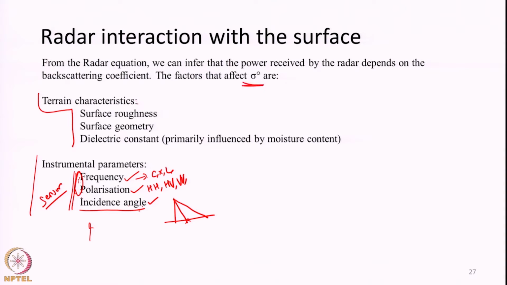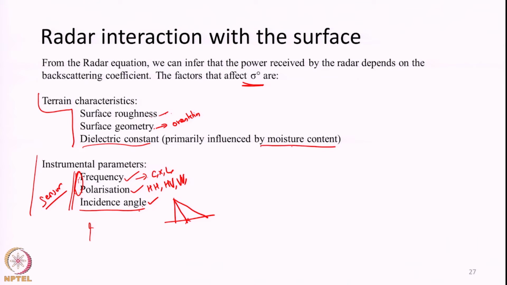Some of the important terrain characteristics that influence microwave backscattering are the surface roughness, that is how rough or how smooth the surface is, surface geometry, basically dealing with the orientation of the surface itself and different features present on the surface, and the dielectric constant of the surface, primarily influenced by its moisture content.